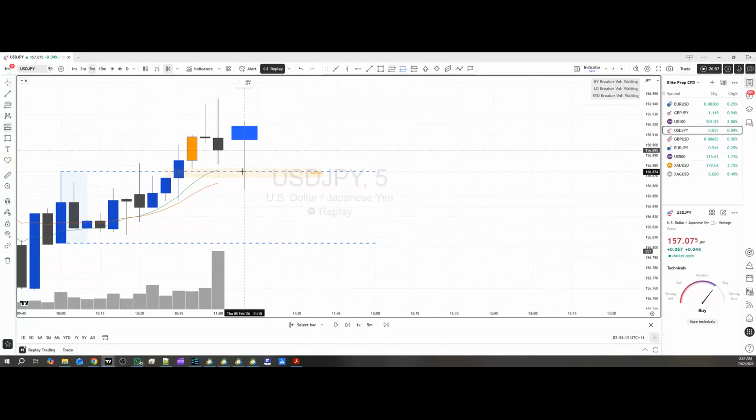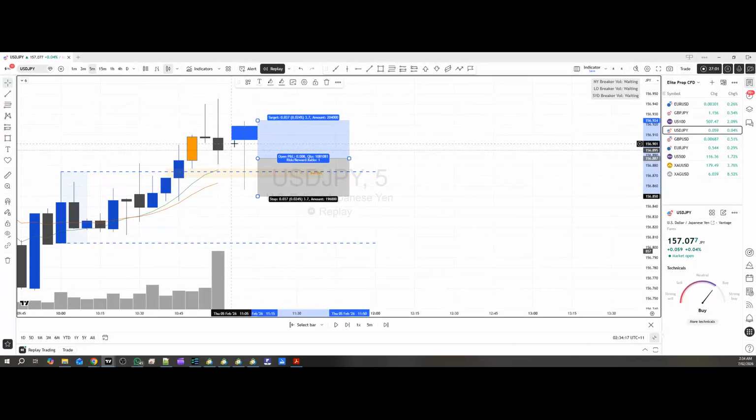You're going to enter at the 50% of the pin bar, with the stop loss at the second candle, the middle candle of the FVG, plus 2 ticks or 2 pips, whatever, and always target 3R. That's whenever a pin bar sits like this.